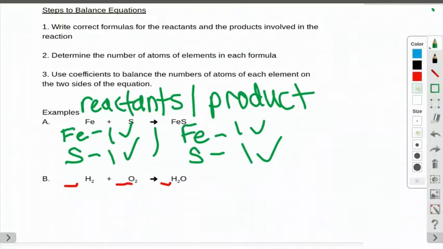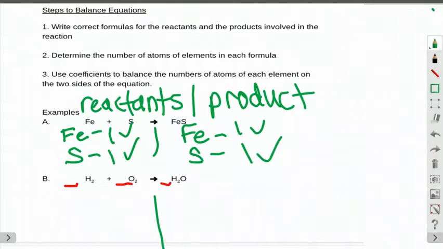So we're going to start this problem by splitting up the reactants and the products. We can do that by looking for the arrow, which means yields, in this case, of the chemical reaction. So if we take a look on the left side of the chemical reaction, or the reactant side, we see that we have a hydrogen and we see that we have an oxygen.